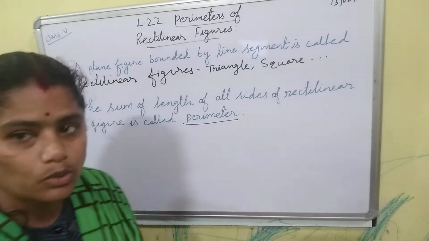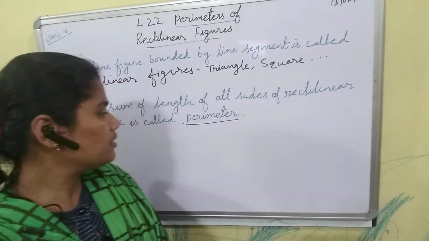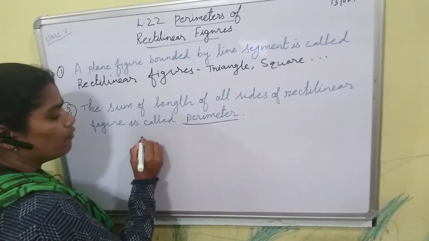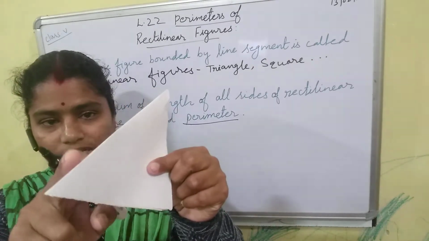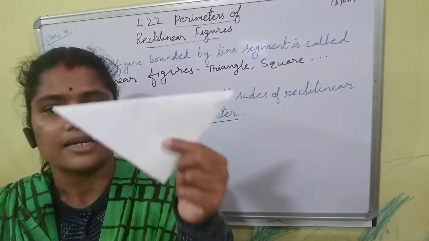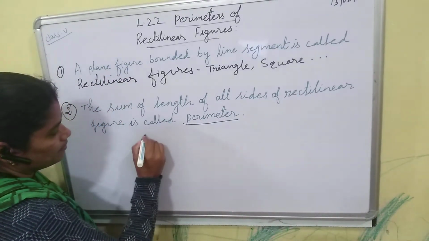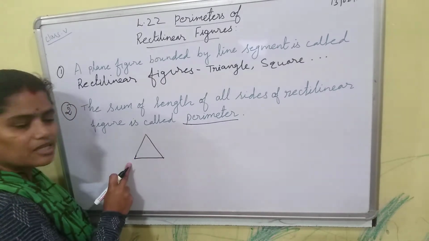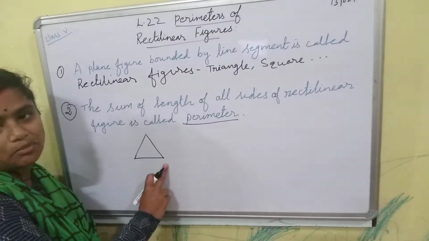As I already told, we are only going to find the perimeter of three figures. One is the triangle, a plane figure with three sides. This is a line segment, one, two, three line segments.